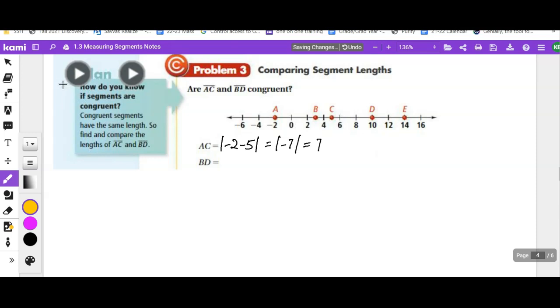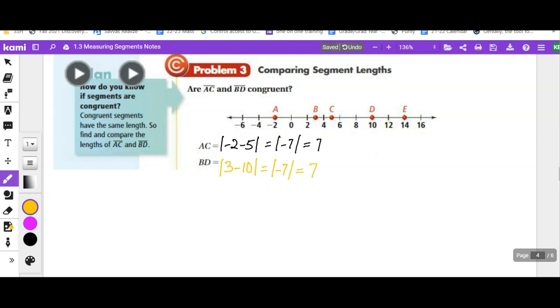Now let's take a look at BD. So B, I'm going to take the absolute value. Looks like that's around 0.3. And D is at 10. So 3 minus 10 gives me the absolute value of -7, which is 7.